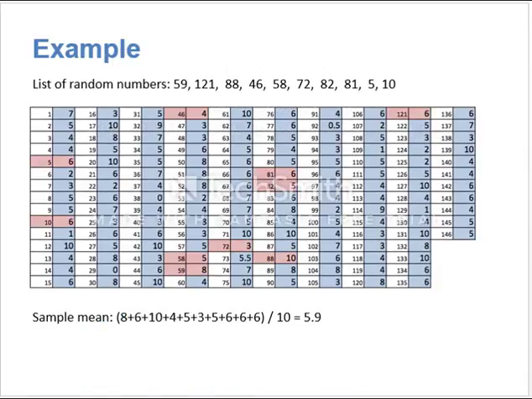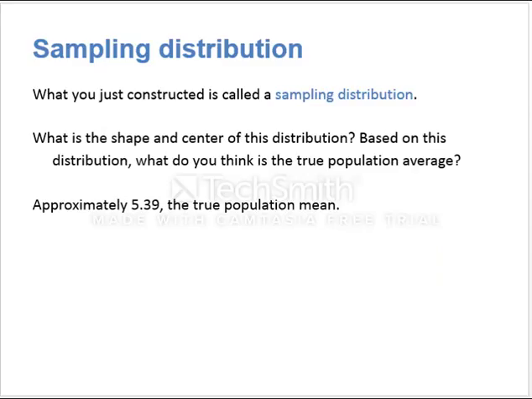So let's say one group got a set of random numbers listed there, and so those are their observations. So they get those observations and find the sample mean. And the sample mean number of drinks it takes a college student to get drunk according to their collected data is 5.9. Now, it just so happens, since this is a somewhat manufactured example, that the true population mean of the data is 5.39.